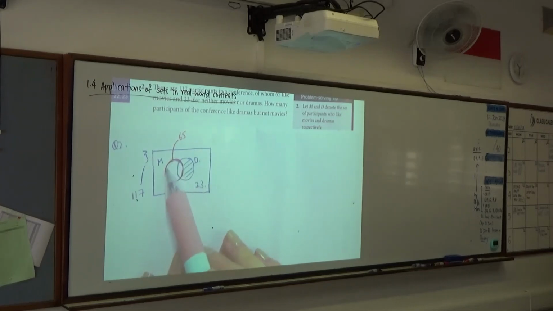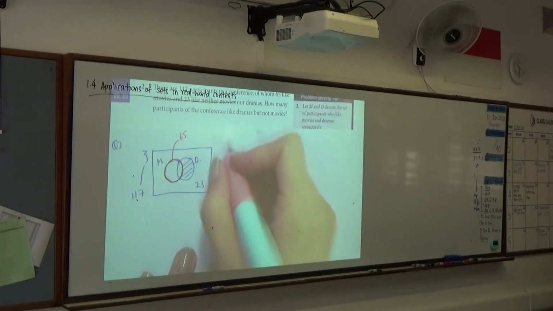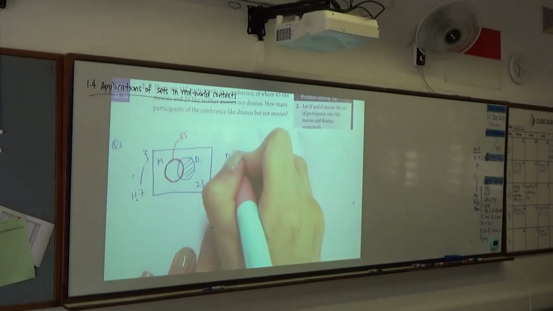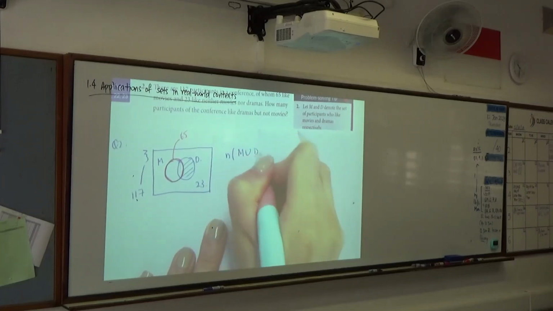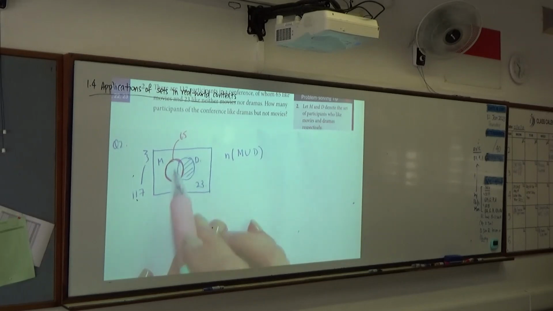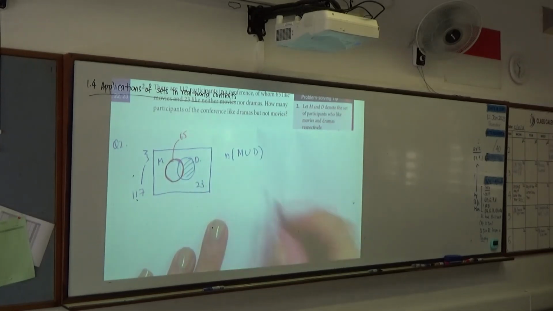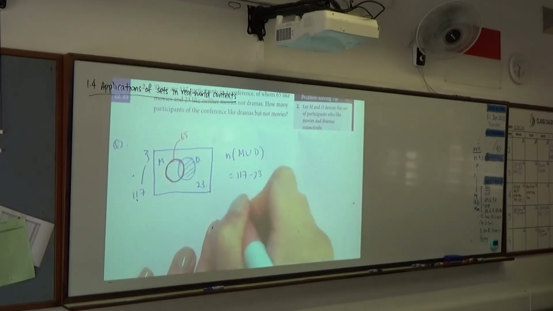I can find out the total number of elements for movies and dramas. That will be 117 minus 23. So the number of participants who like movies or dramas, because it's shading both circles, will be 117 minus 23, we get 94.